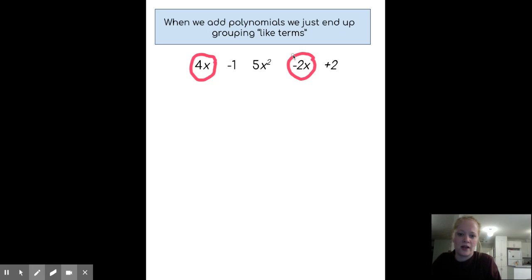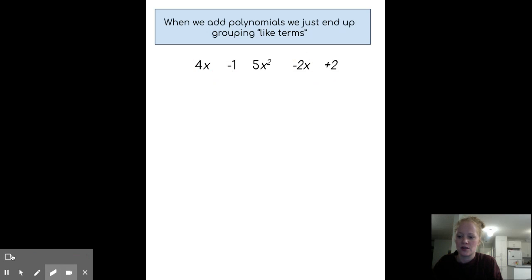So these are like terms. And then our other set of like terms in this example is negative 1 and positive 2. Okay, so if we are going to actually add them, this is what it looks like.